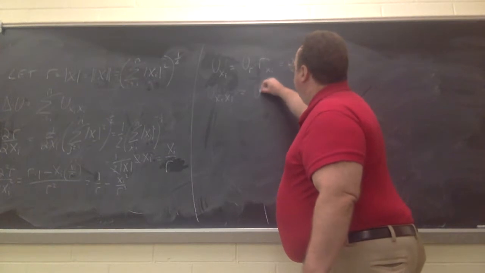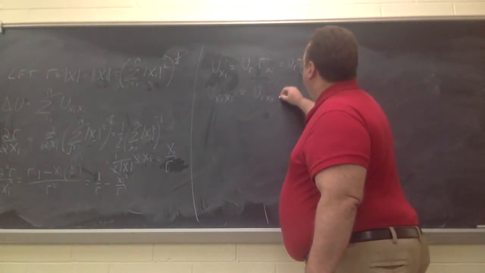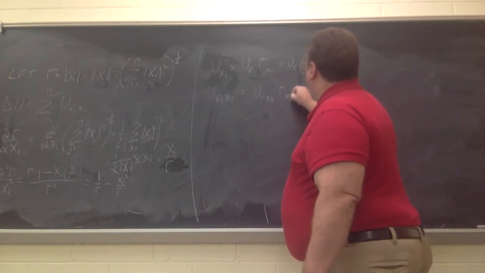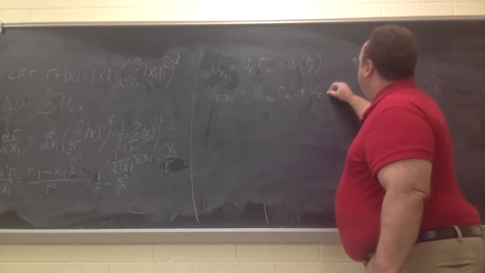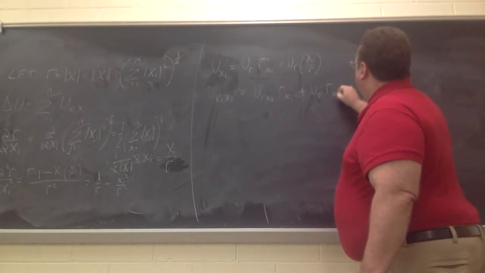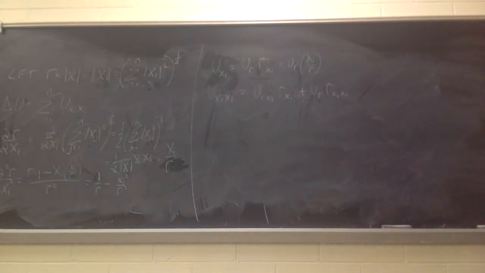So u_r times r_xi plus u_r times r_xixi. So that's just what the product rule will give me, differentiating one factor in each term with respect to xi. But now I need to flesh out what that actually is.